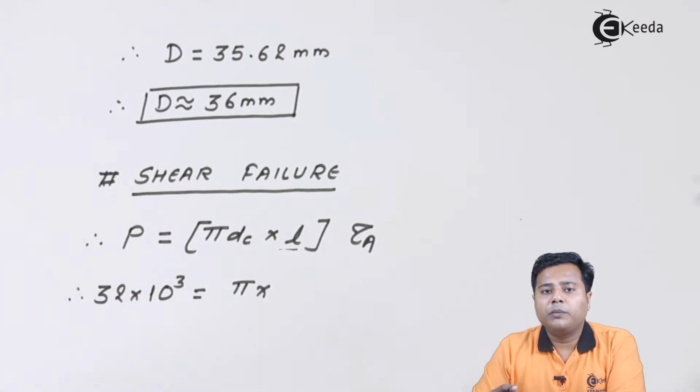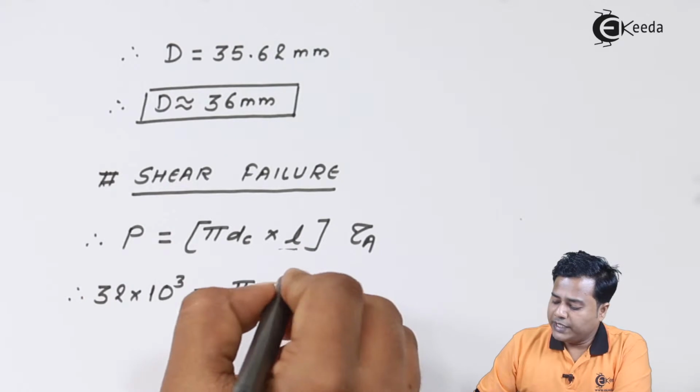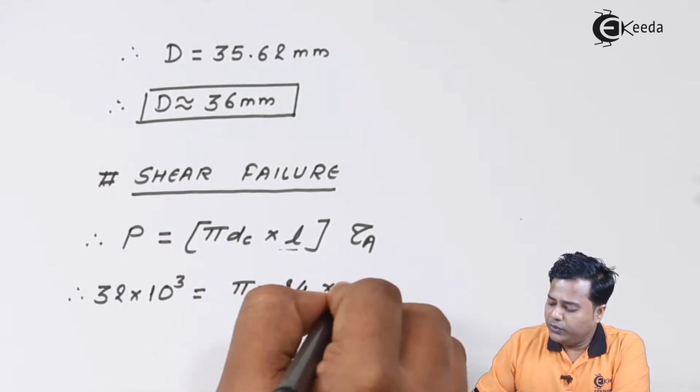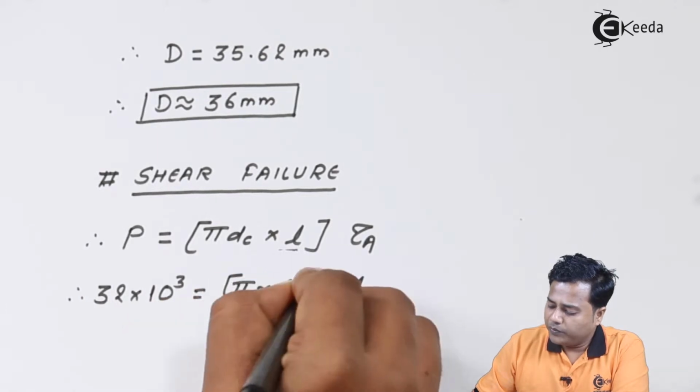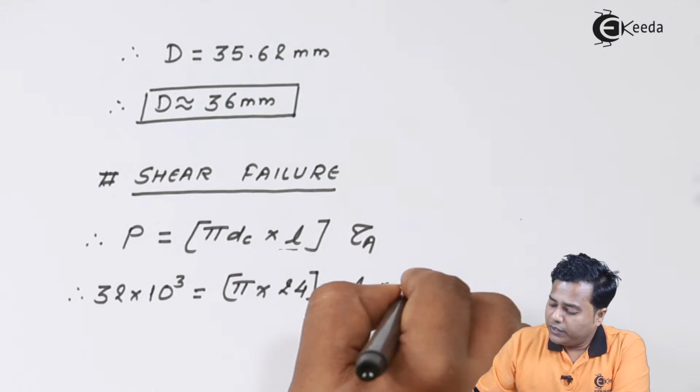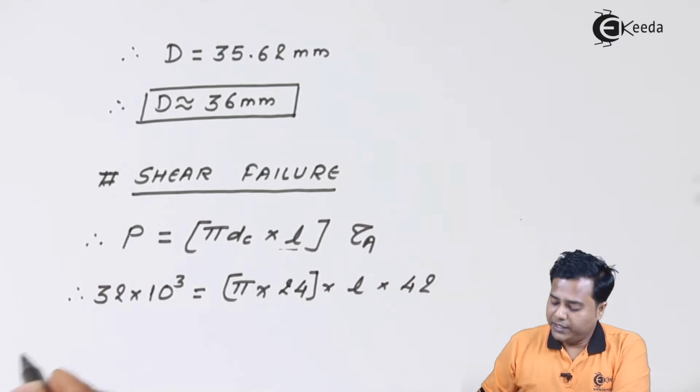If you can understand it properly, the coupler nut and the tie rod, when they assemble, that's nothing but the nut and bolt assembly. So into dc value which we have found out is 24 mm, into the length which is unknown, into the allowable value of shear, which came out to be 42 Newton per millimeter square.